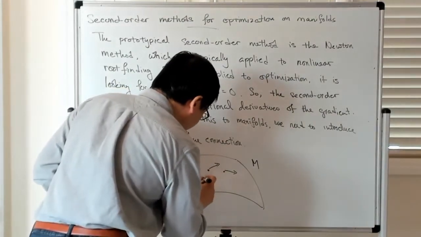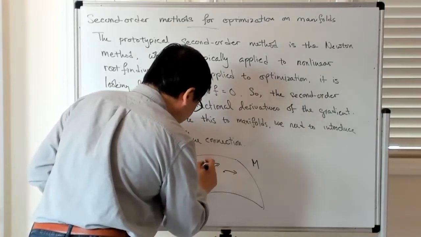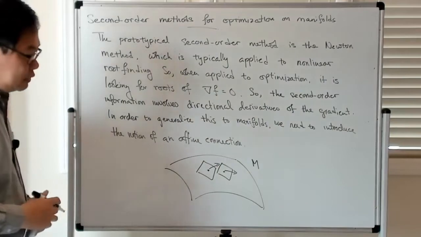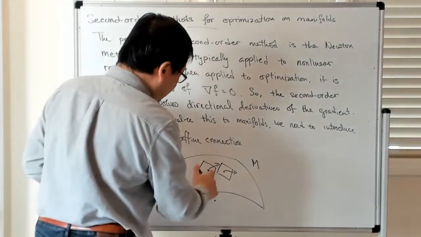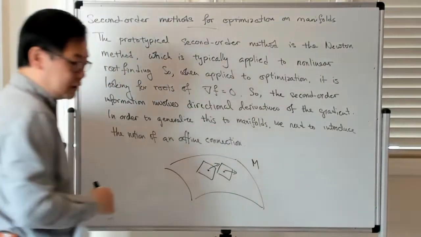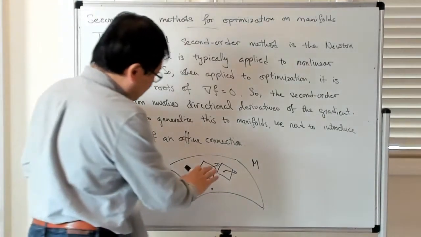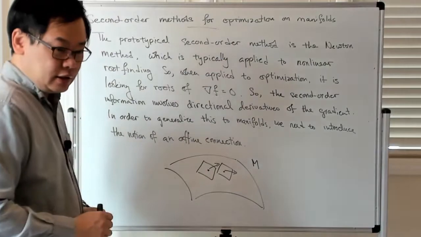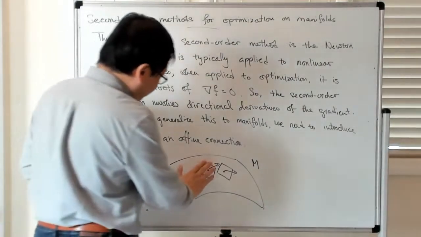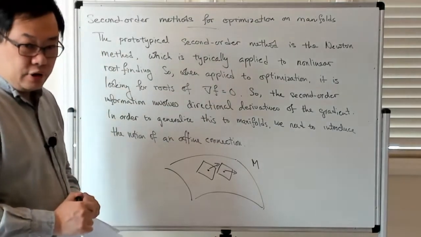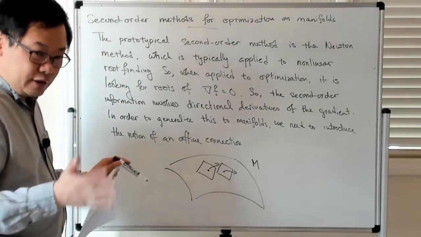The bottom line is that if you want to take the derivative of that vector field, you have to be able to take the difference of vectors at two different points. That takes some effort, because the tangent spaces at the two points are different from each other, even in an embedded sense.